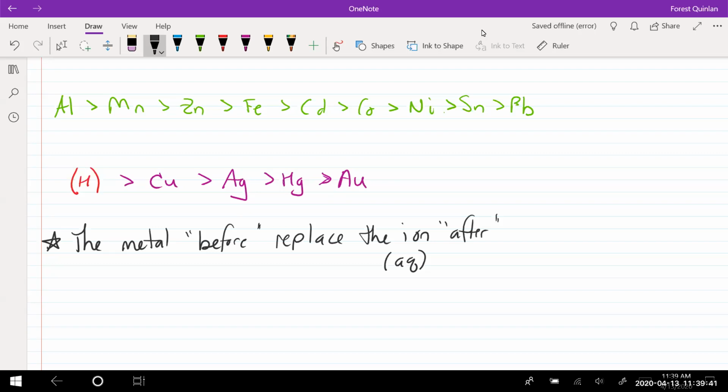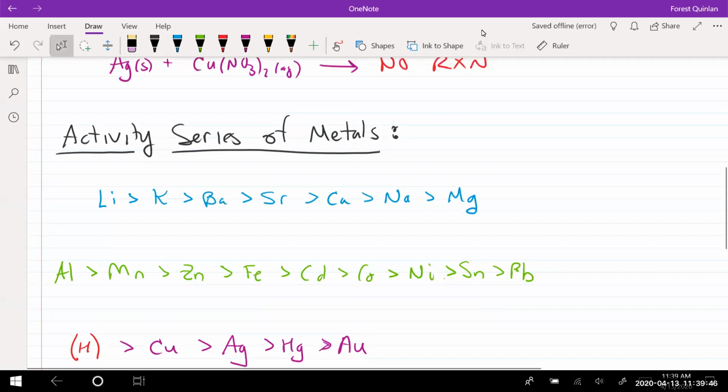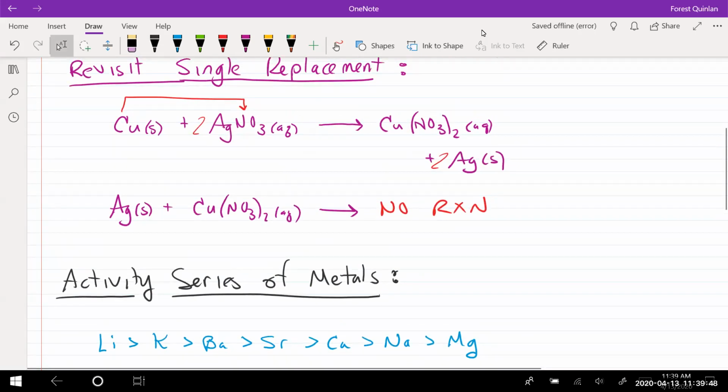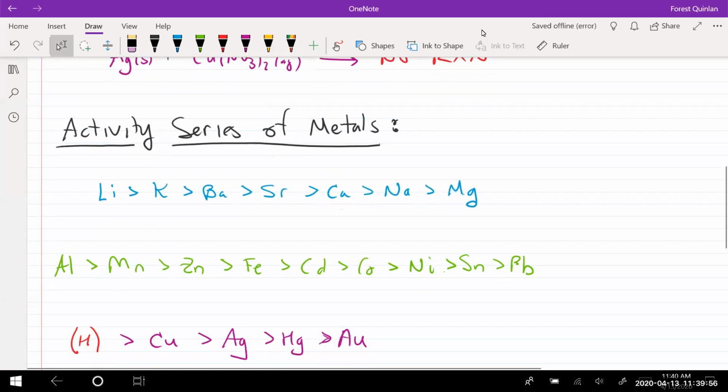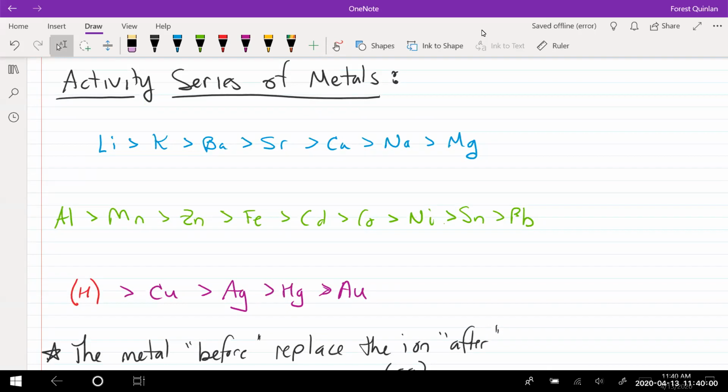And so if I look back up, in the first reaction, I had solid copper trying to replace aqueous silver. So I go down to my chart here, and I say, where do I see solid copper? Right there. Is that copper before the silver?